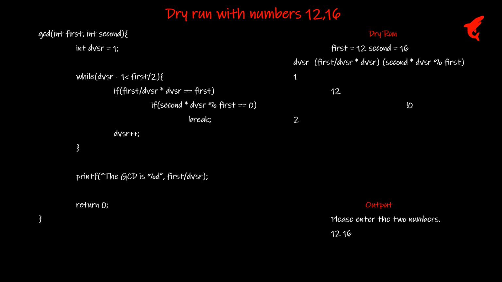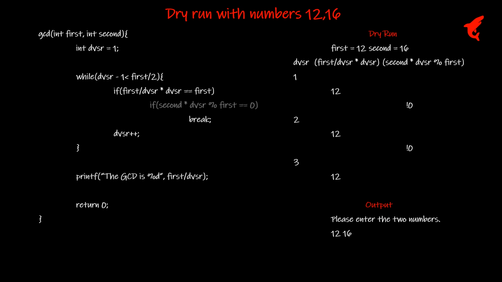The while condition is again checked which is true. Then the first if condition is checked which is true. Then the second if condition is checked which is not true. So the value of divisor is increased by 1 again. Divisor becomes 3, and the loop cycle ends. The while condition is again checked which is true. Then the first if condition is checked which is true.